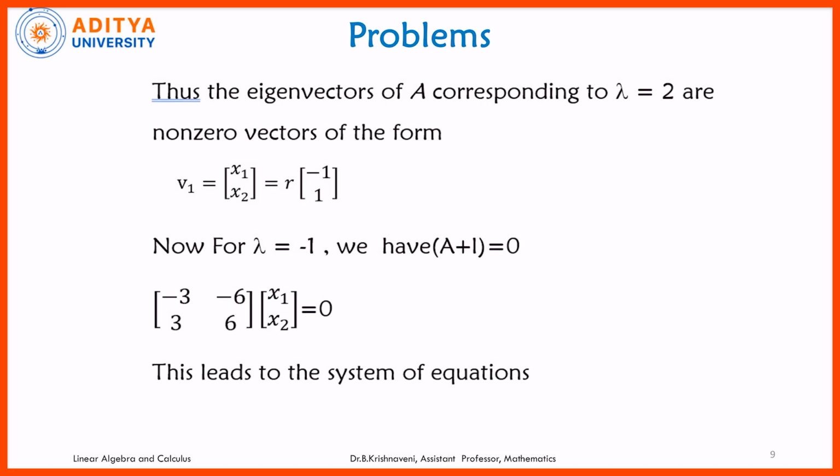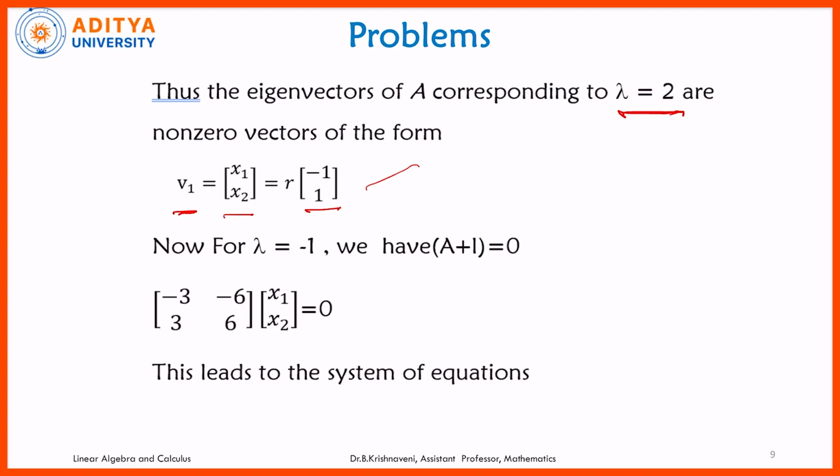Hence an eigenvector corresponding to lambda is equal to 2, let us represent it with v1, is x1, x2, that is -r, r, which can be written as r into (-1, 1). This is an eigenvector corresponding to the eigenvalue lambda is equal to 2.